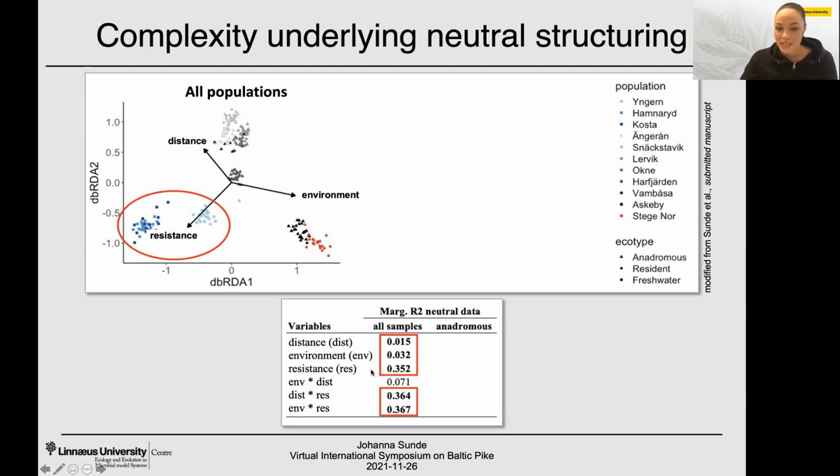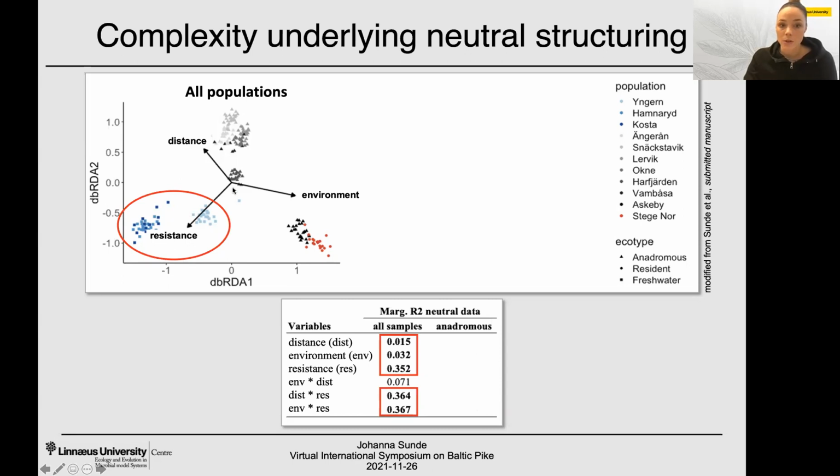We can see down here that all three explanatory variables had significant effects on the population structuring, or genetic distance between individuals. So we could see that geographic distance, environmental differences, and these landscape features or resistance significantly influenced how similar different individuals and populations are.